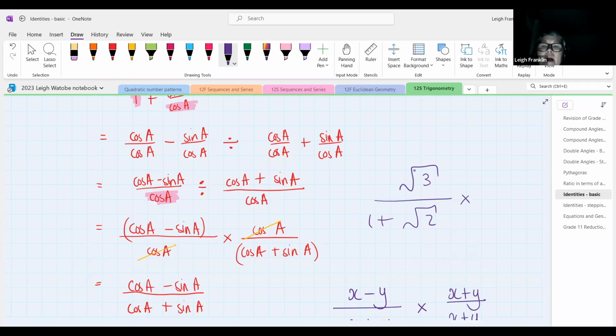Then you would multiply by a conjugate. So you'd multiply by 1 minus root 2 over 1 minus root 2. And then that creates a conjugate. So you can get rid of the surd in the denominator. Does that ring a bell? Okay, so that was where we actually use it. So we can do it that way if we want to.